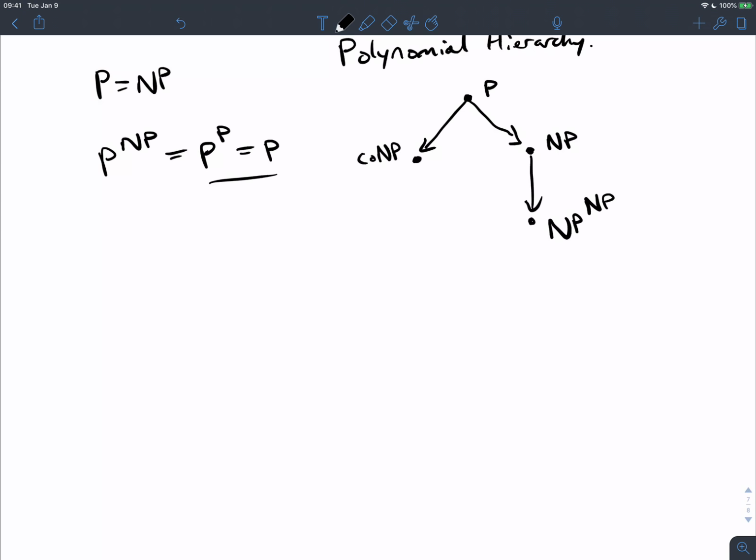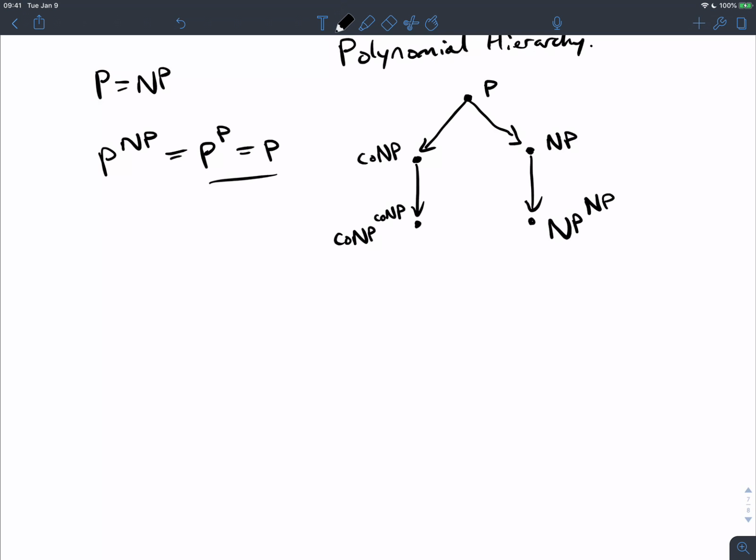Like a machine that runs non-deterministic polytime, and it can at any point ask an oracle, hey, is this formula satisfiable or something like that? And then we can do the exact same thing on the other side by going co-NP to the co-NP.